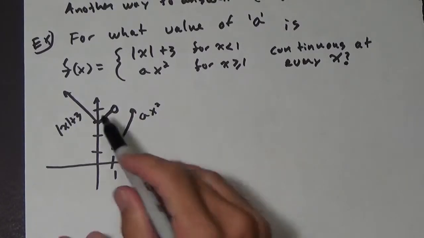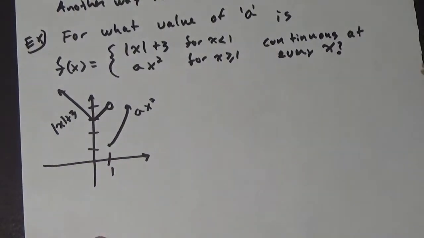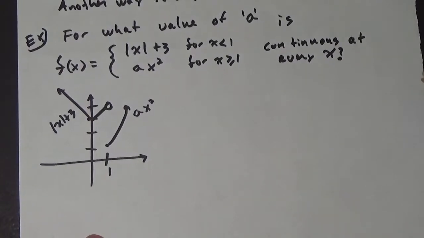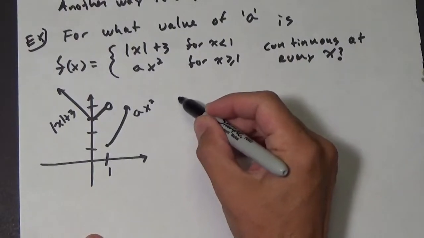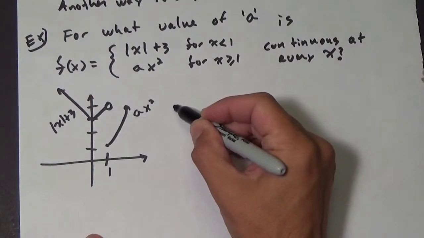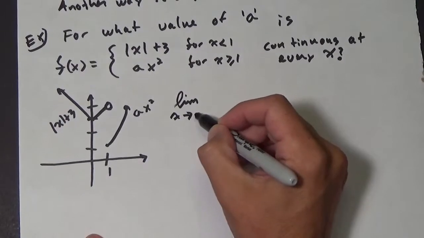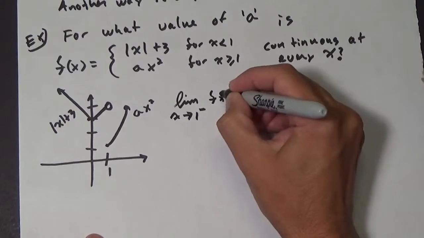Alright, so let's go through this. First, let's figure out what this value is. And everyone's like, well, it's 4. Well, we do have to be a little bit more rigorous. We have to be very thorough in how we explain this. So using fancy math notation, what's the limit as x approaches 1 from the negative side of f of x?